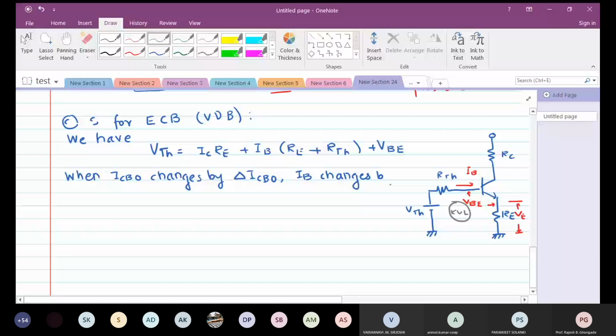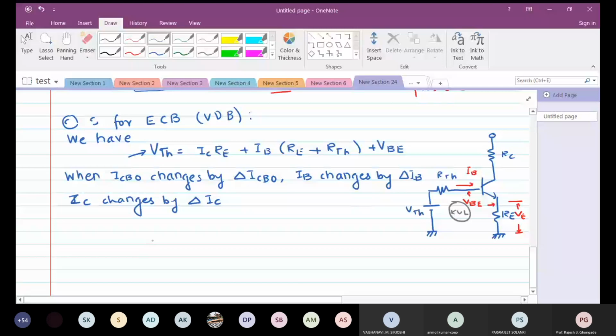Similarly, IC changes by delta IC. Okay. So we'll again reflect those changes here.